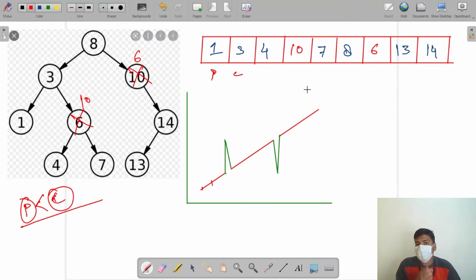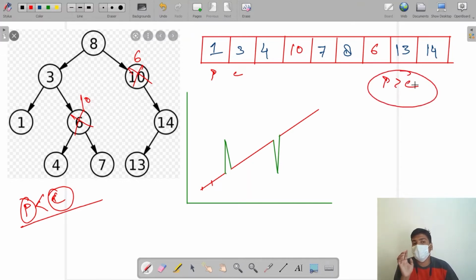Current is coming after previous, so current will always be greater because it is a sorted array. But there will be a point where I can observe that previous is greater than current. There could be an ambiguity because there is some change. That means an ambiguity will occur at that point.